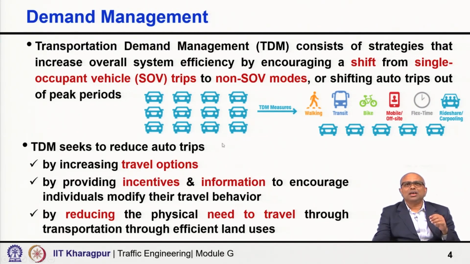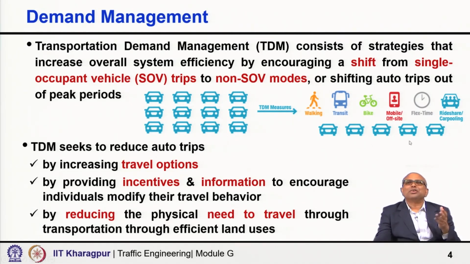So, you can see here that some of the car trips we are trying to replace by non-SOV modes like transit or ride sharing, carpooling, van pooling. Some we are trying to shift to walk or bike, and some from the peak hour to an off-peak period using flexi time. Of course, only a fraction of the car trips will be shifted.